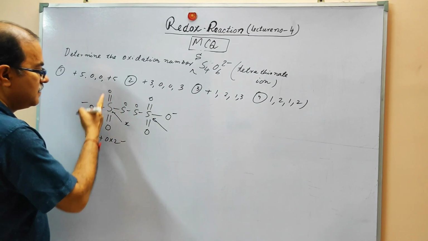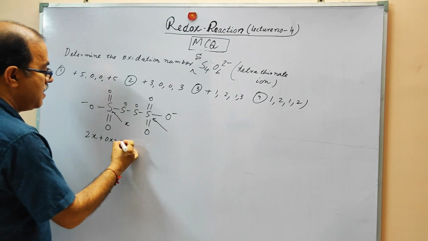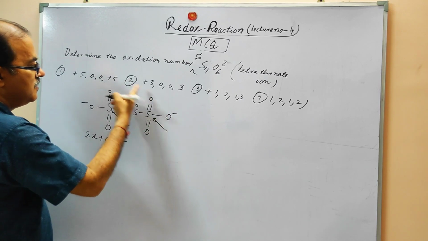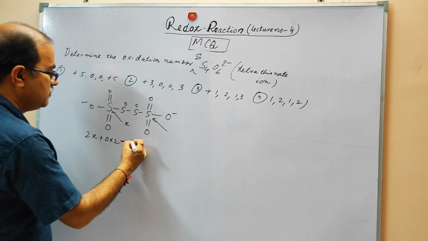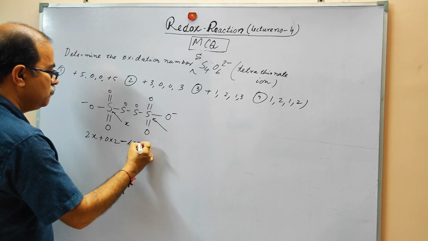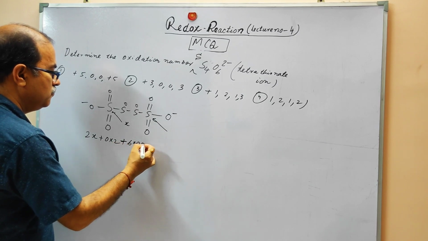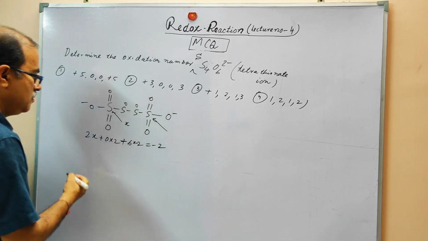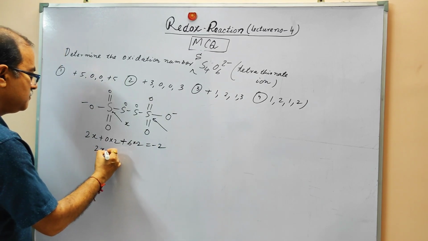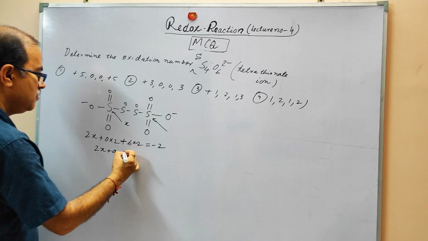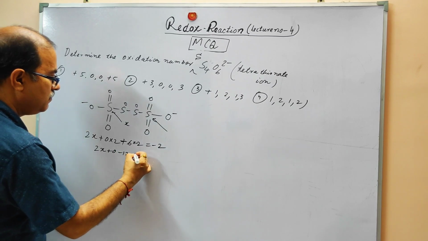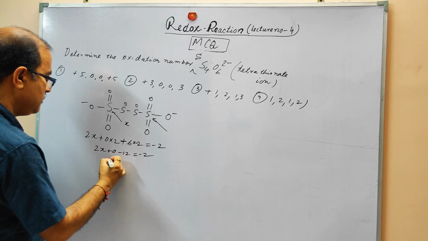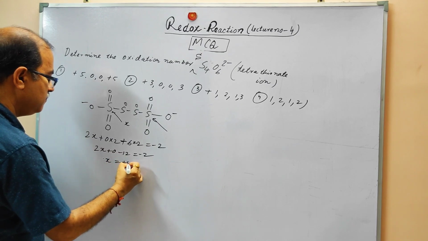the 6 oxygen atoms have, you can see how many oxygen atoms? This is 6 oxygen atoms, 6 into -2, and this will be -2. So 2x plus 0 is -12 minus 2, and if we solve for x, it will be +5.